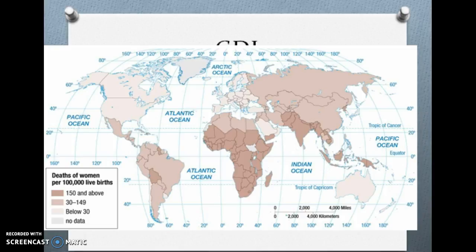And then finally, this last map for us to look at is the deaths of women per 100,000 live births. So definitely we take for granted the access to medical care. We can definitely see on the darker portions of the map where women are not having access to proper medical care when it comes to their reproductive rights, or trying to make sure they have access to prenatal care around the world.